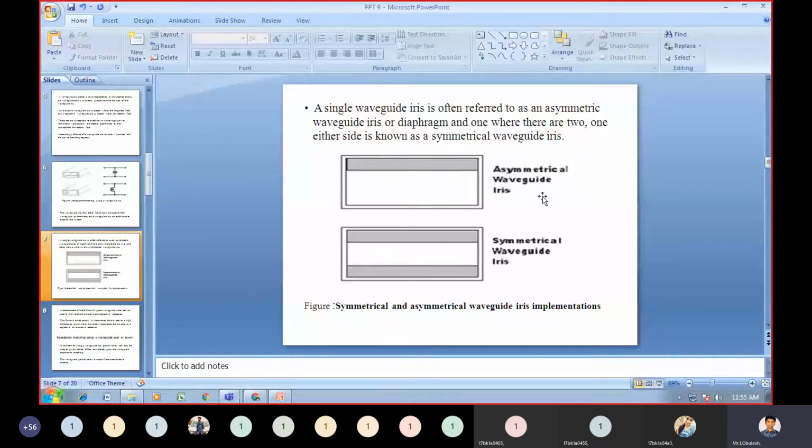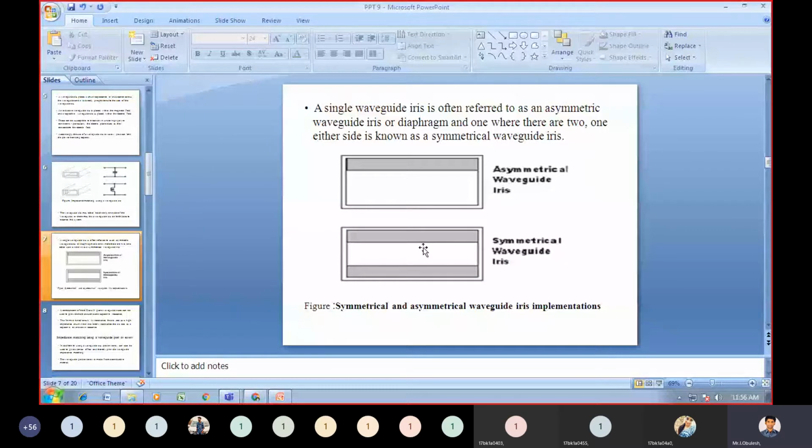See the asymmetrical waveguide iris: here you need to keep only one side of this waveguide iris. Symmetrical means we have both. Let us assume in mathematics, symmetrical means we have both signs, and asymmetrical means we have either one sign, positive or negative. Like that you need to define it. So in the figure we have symmetrical and asymmetrical.